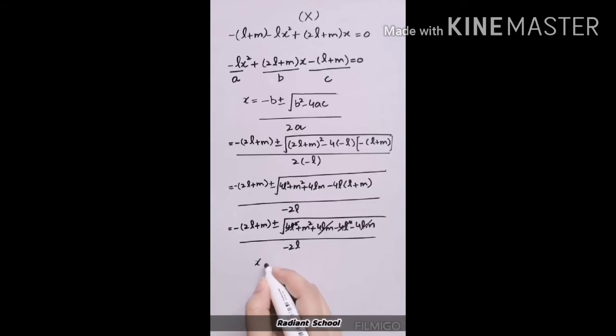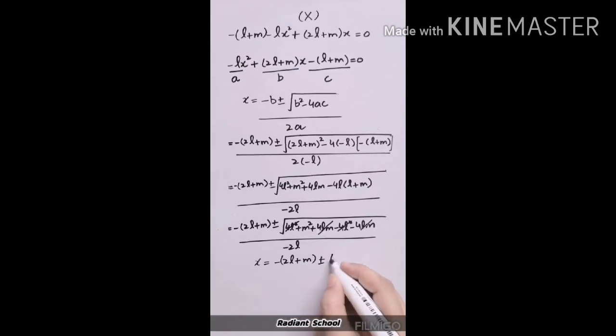You are having x equals minus 2l plus m plus minus square root of m square divided by minus 2l. Square root will be cancelled.